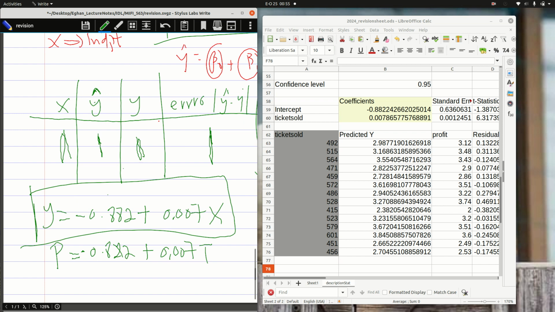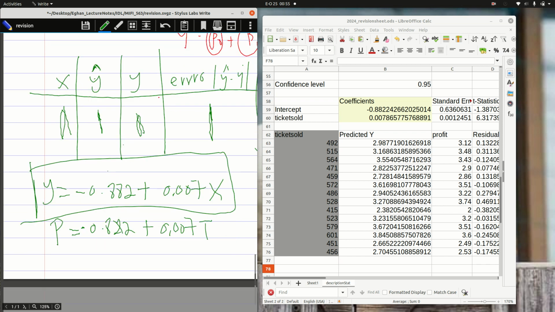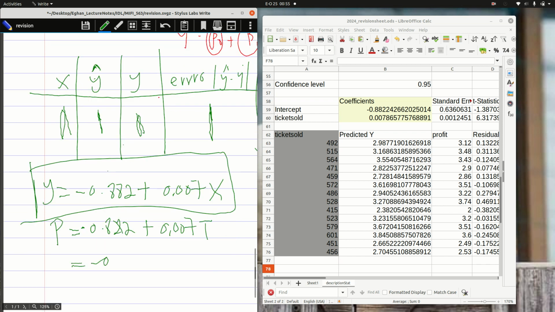So let's see the first one. If you want to know the profit margin for the first one, negative 0.882 plus 0.007 times the first ticket, which is 492.